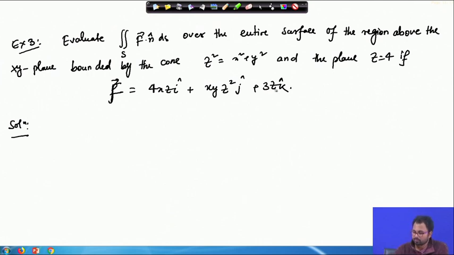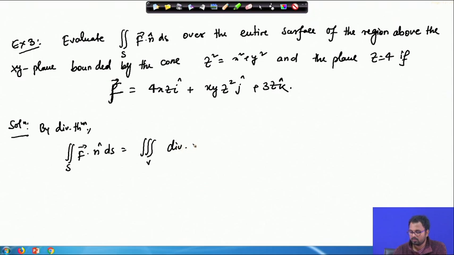The terms in this vector function are all algebraic functions, basically products of x, y and z square. So, they have continuous partial derivatives, and we can use the Gauss divergence theorem. By the divergence theorem, the surface integral of F dot n dS equals the volume integral of divergence of F dV.